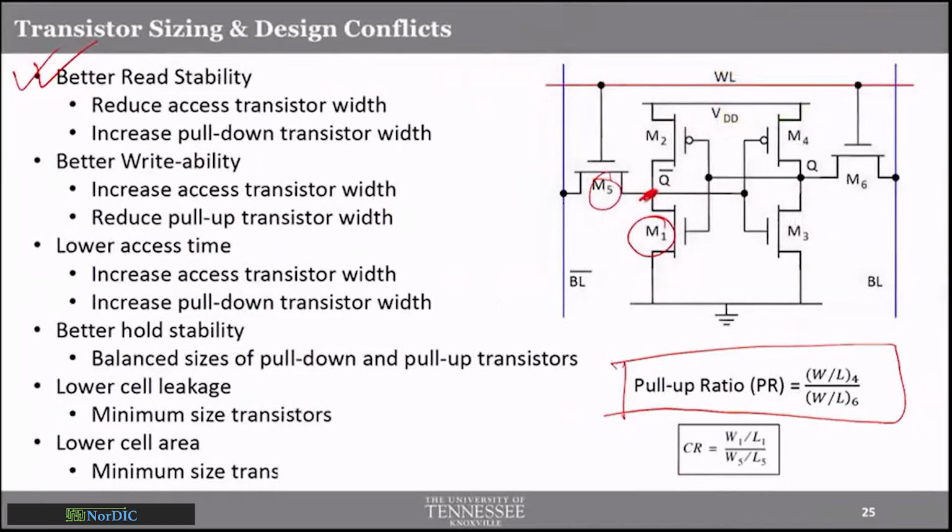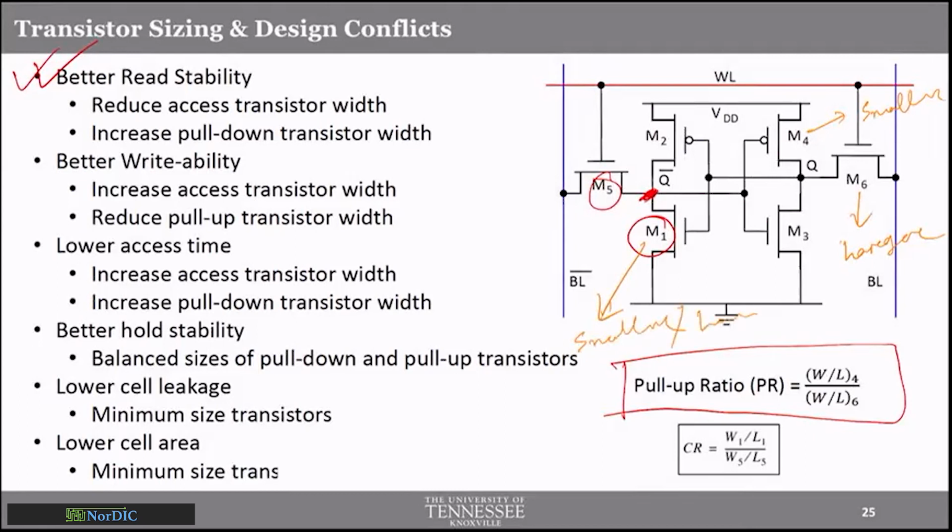Anyways, so let me write it again. So M6 should be larger, and M4 should be smaller. On the other hand, between M1 and M5, M1 was supposed to be smaller or larger?